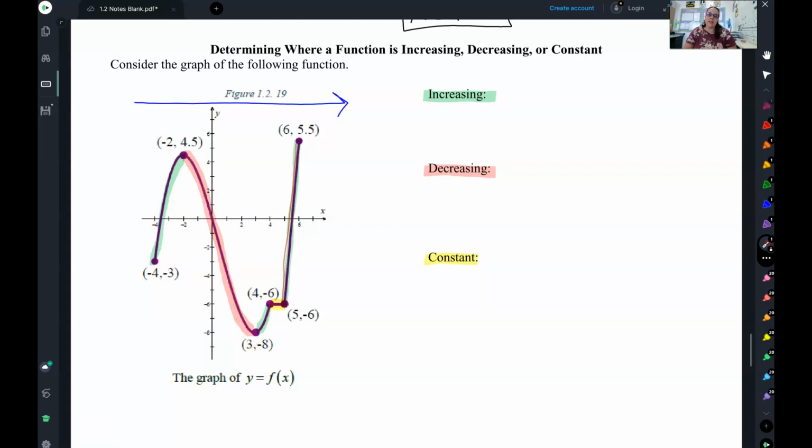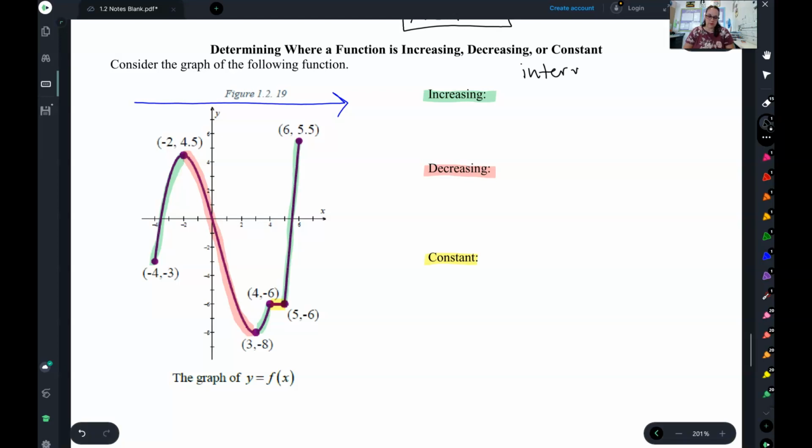Now, how we list our answers. A couple of things you should take notes on. Number one, these answers are going to be intervals. So like from this point to this point. Another key thing for all of these, we always use x values in those intervals. So let me show you what I mean by that.